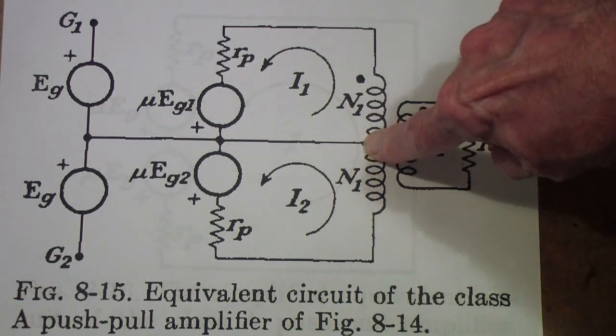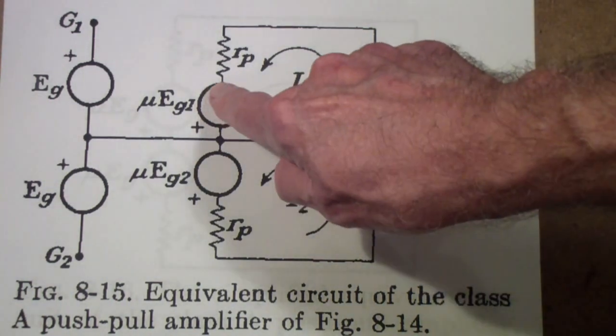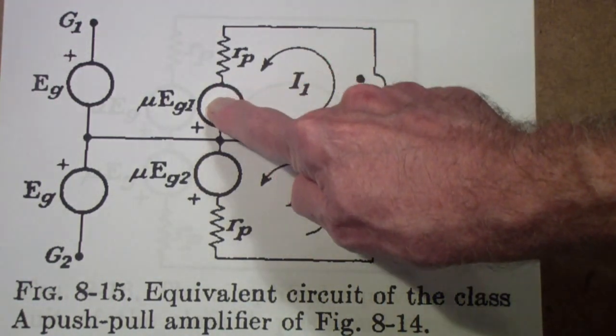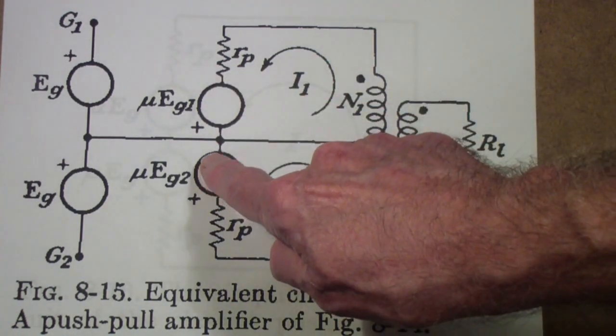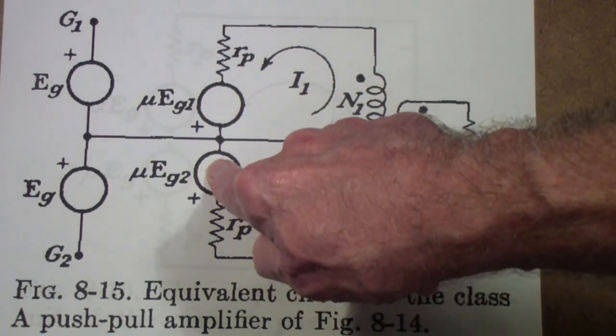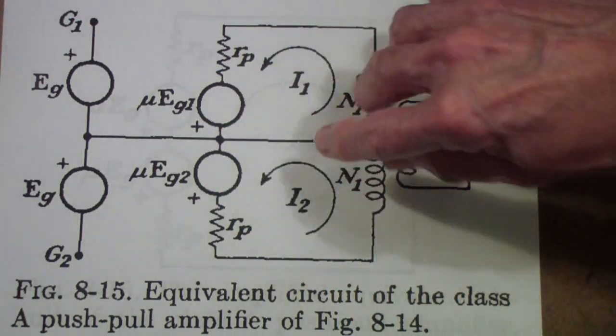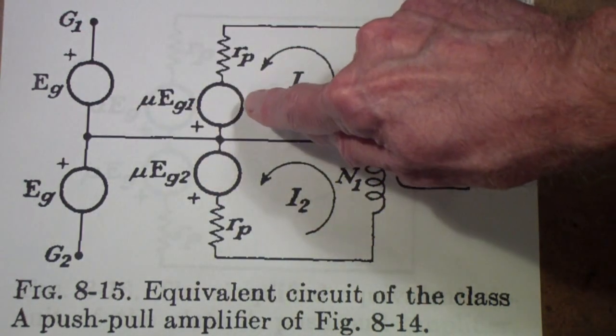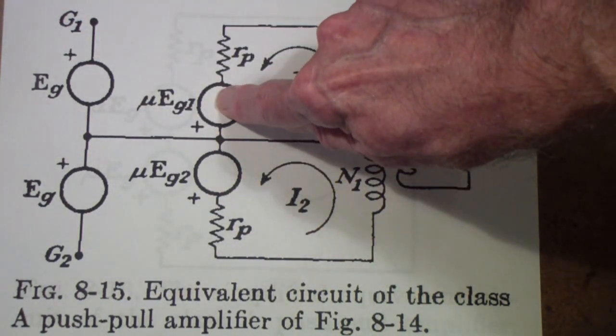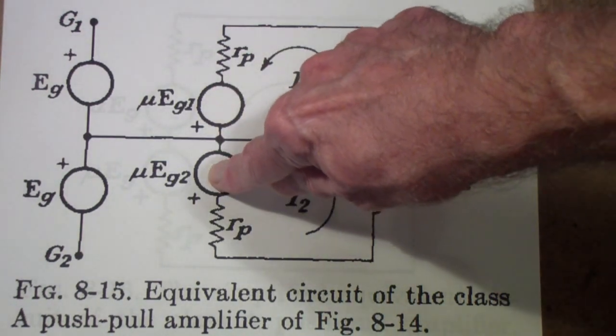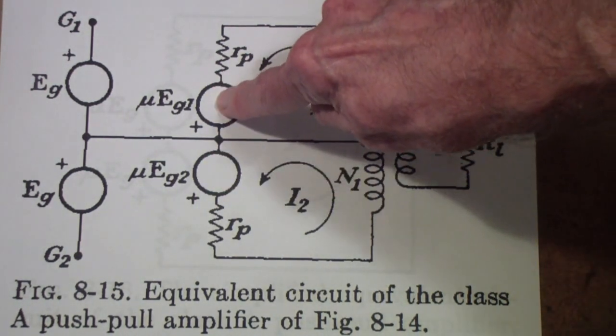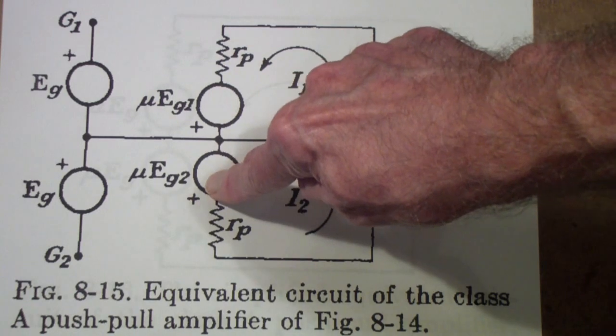It's called a tapped primary. We apply a signal to one side and the exact same signal to the other side, but notice that the polarity of this signal is the inverse of this. So in other words, when this signal is going positive, this signal is going negative.